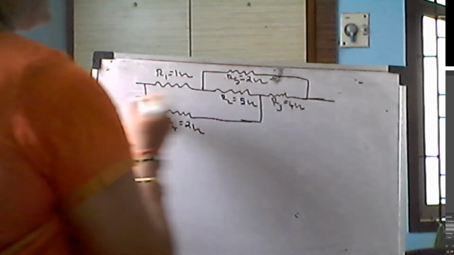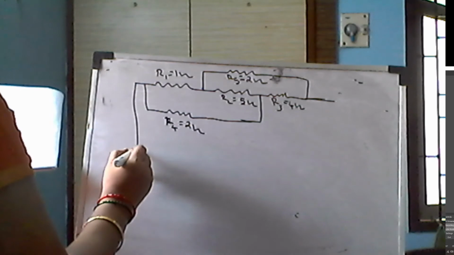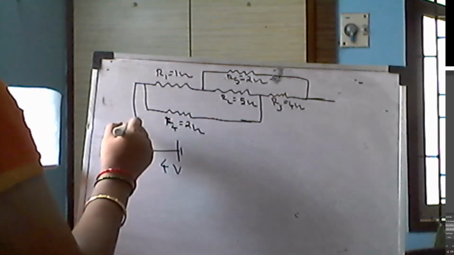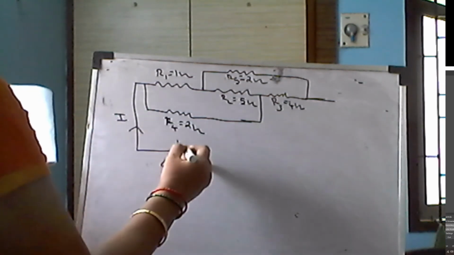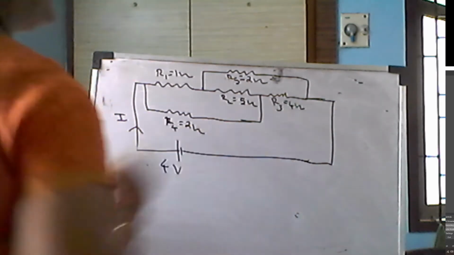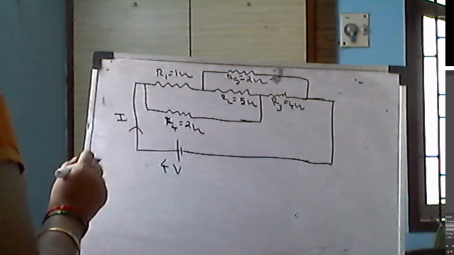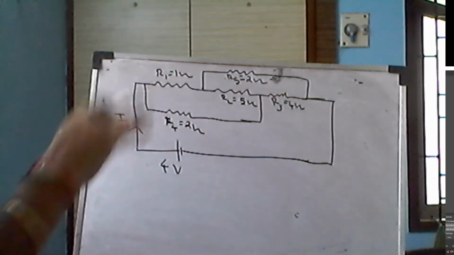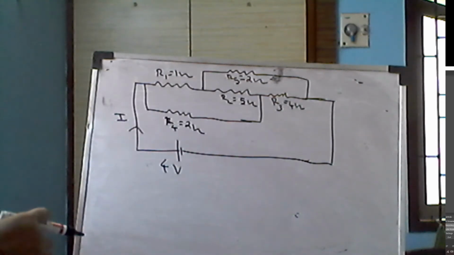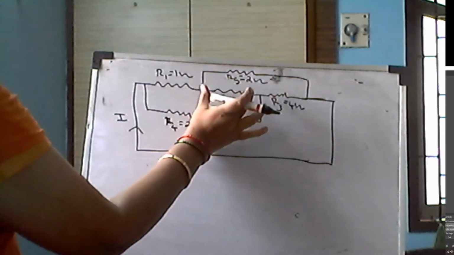Now this connection is connected with a battery of 4 volts. Now you are supposed to find out the current in this circuit. In a Wheatstone bridge, 5 resistors are there, including the galvanometer resistance. You see here it is in the middle.